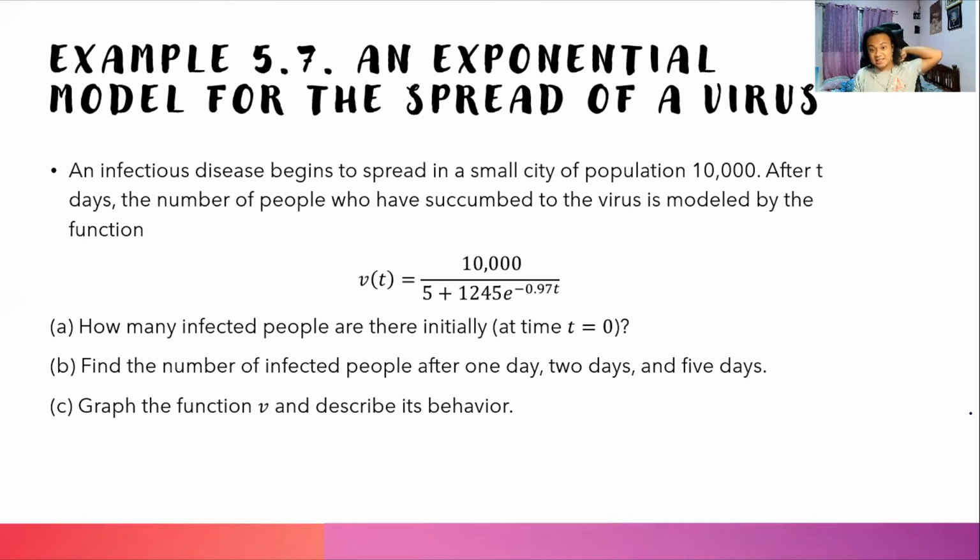After t days, the number of people who have succumbed to the virus is modeled by V of t equals 10,000 over 5 plus 1,245 times e to the negative 0.97t. How many infected people are there initially at t equals 0, then after 1 day, 2 days, and 5 days? Then graph the function V and describe its behavior.